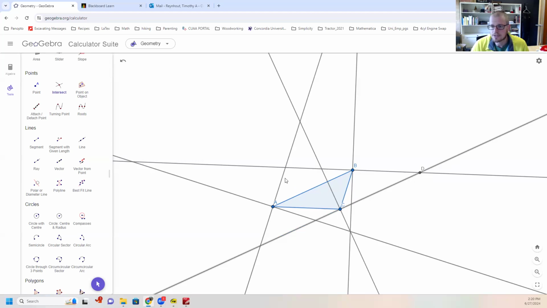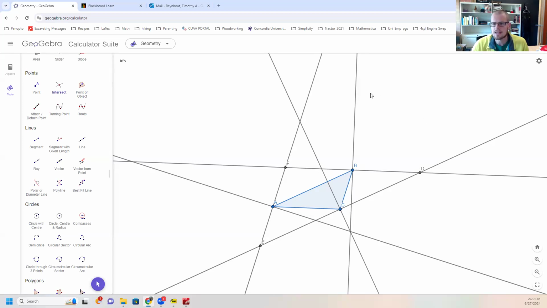Let's go that one through this. There we go. And then finally, we want the parallel to this, which is that guy, and the parallel to this. Excellent. So we have this triangle, and we want to then consider the triangle DEF.